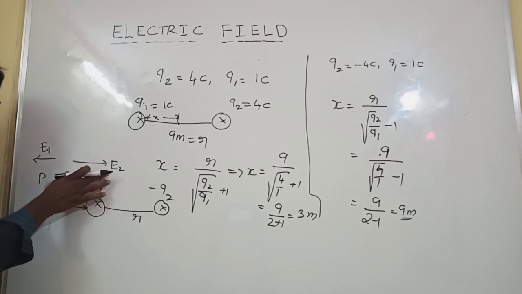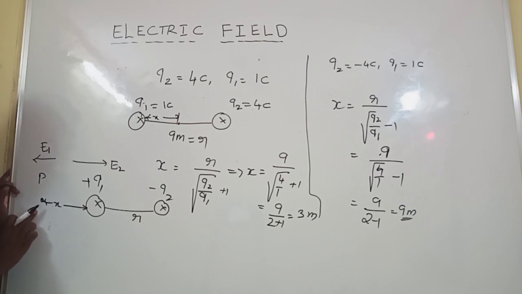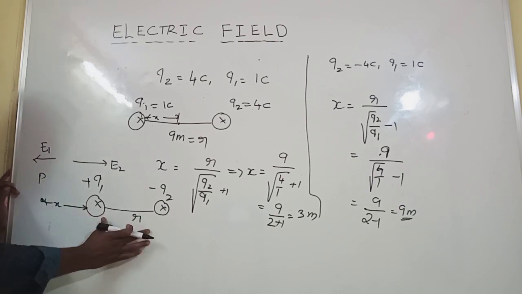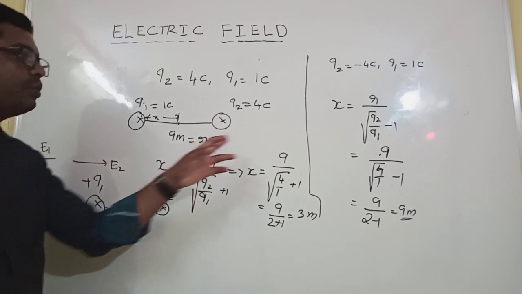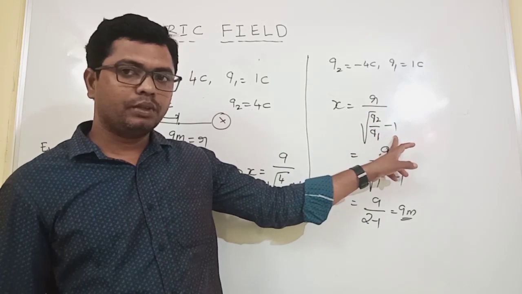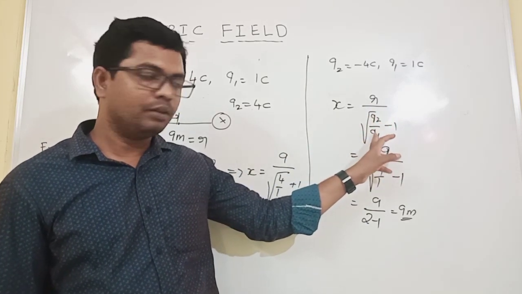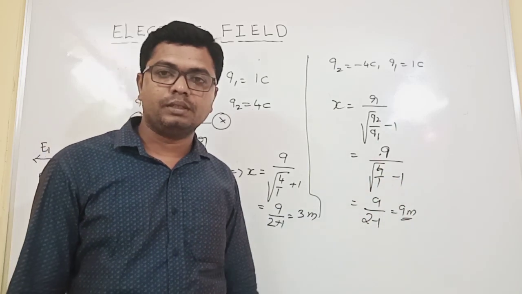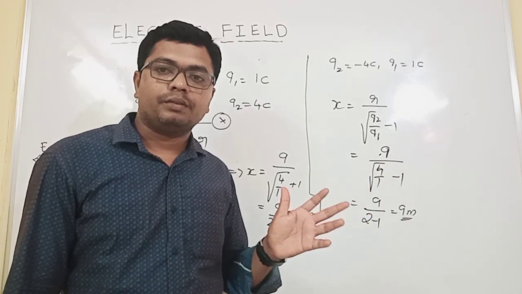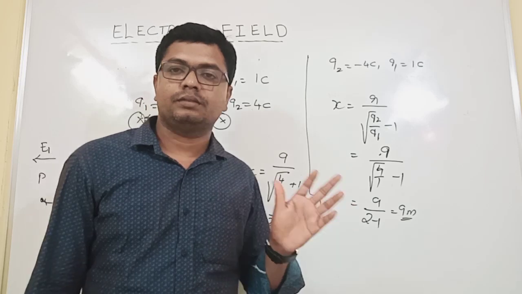So these two fields are going to be cancelled at a point outside these two. That is why x is equal to 9 meters, where root of Q2 by Q1 minus 1, Q2 is 4, 4 by 1, root 4 is 2, 2 minus 1. At a distance of 9 meters you are going to get electric field equal to 0.